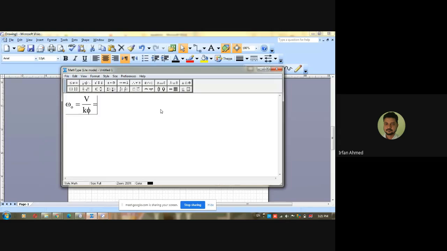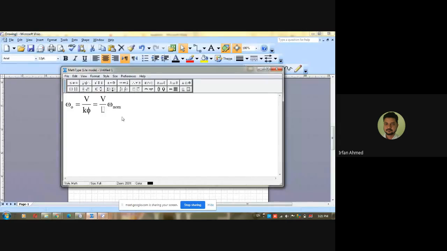Now what we can do is multiply both numerator and denominator of this equation by the nominal speed, omega nominal. I should have written these equations already.